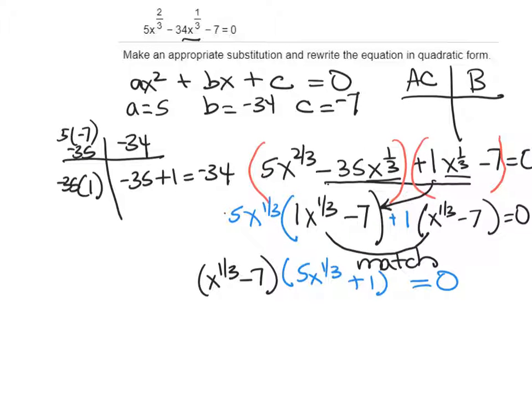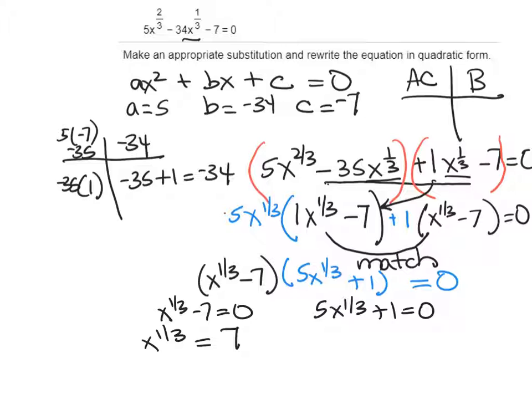So now what you can do is set both of these parentheses equal to 0 and solve. So I'm going to set x to the 1/3 power minus 7 equal to 0, and I'm going to set 5x to the 1/3 power plus 1 equal to 0. So for this one I'm going to add 7, so x to the 1/3 power equals 7, and then to get rid of the 1/3 power I'm going to raise it to the 3rd power, or cube it.